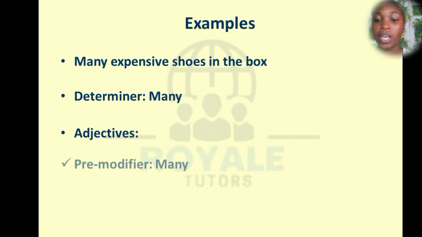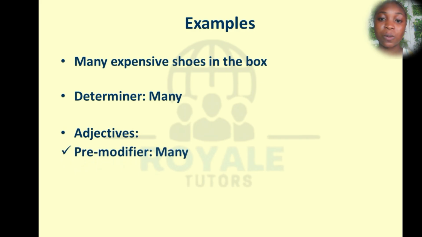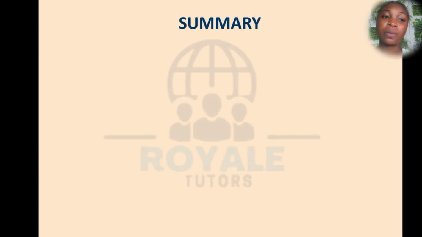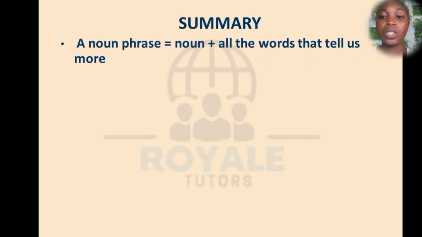For the pre-modifier, we have expensive. And then for the post-modifier, we have in the box. Now down to the head noun, we have shoes.